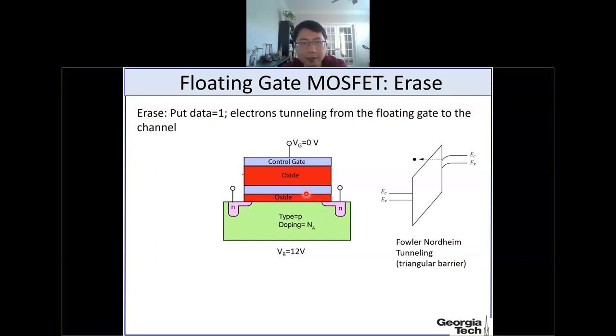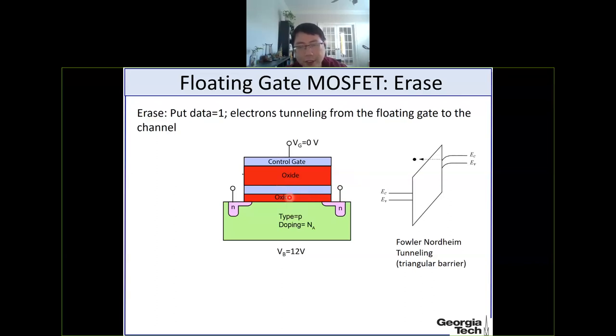But the floating gate is another case. You can store the data for a long time because normally once you have the electron in the floating gate, without this 12 volt, without this large voltage, the electron will be stable in the floating gate.